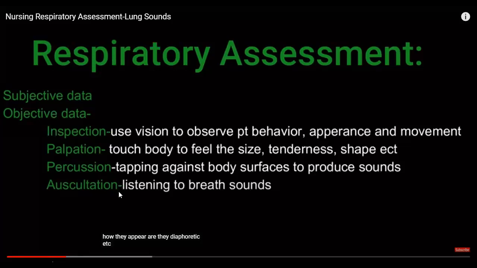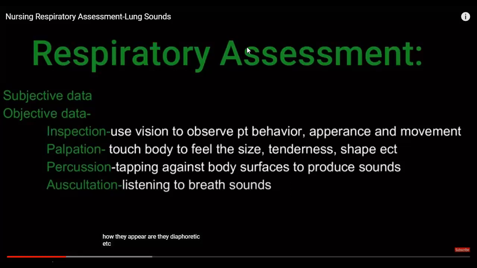When you put the stethoscope over the lungs, we also check for any kind of abnormal lung sound. Abnormal lung sounds mean any kind of wheezing, stridor, crackles, or friction rub.